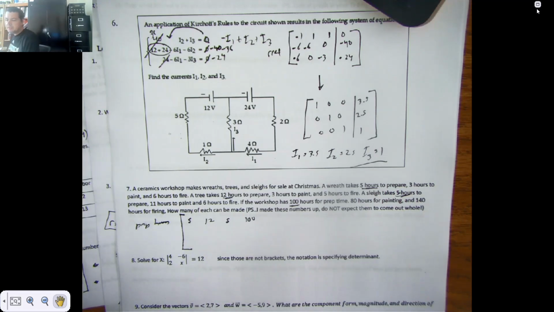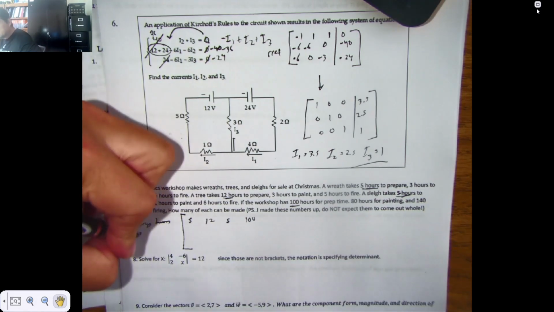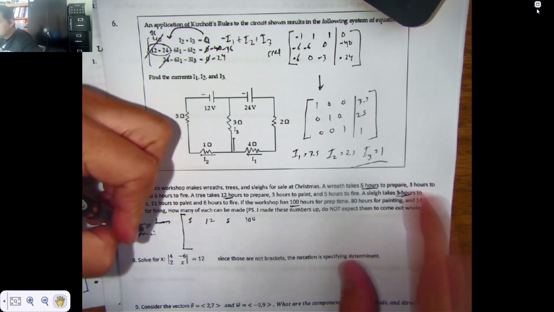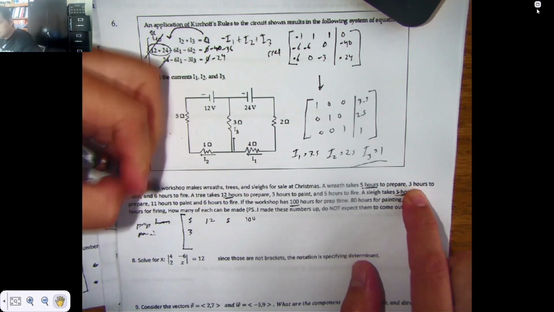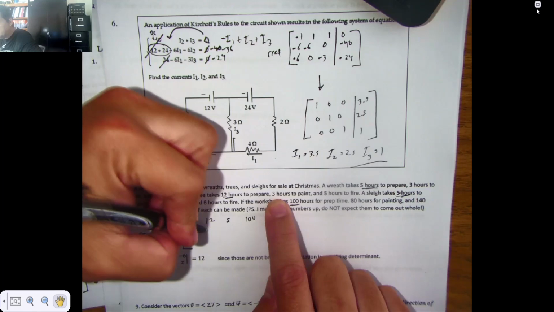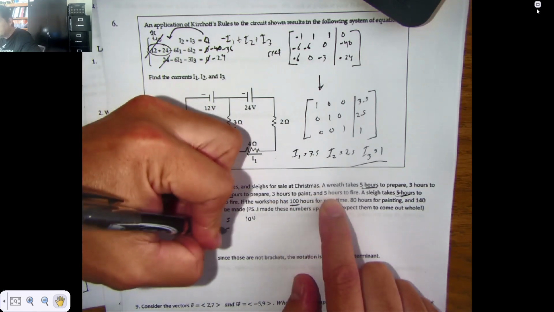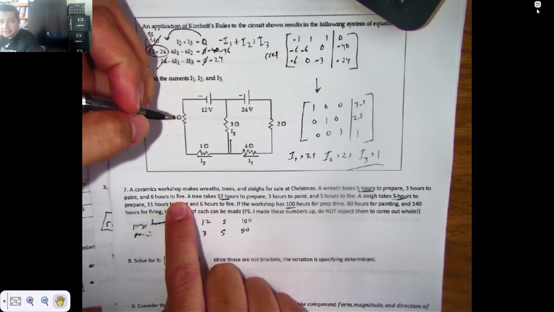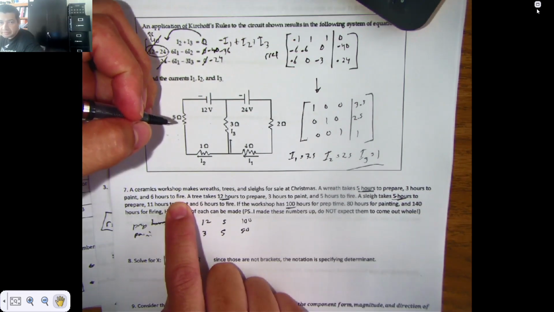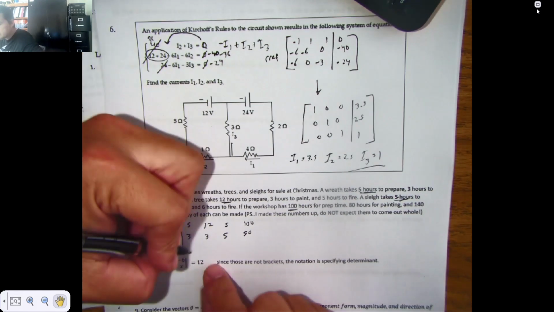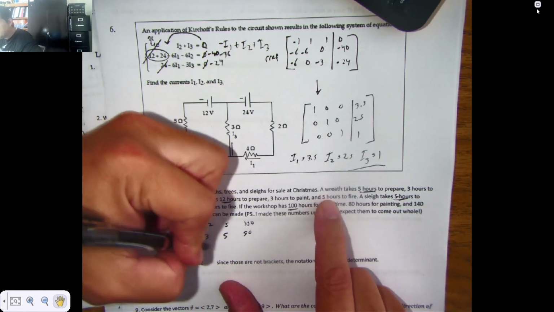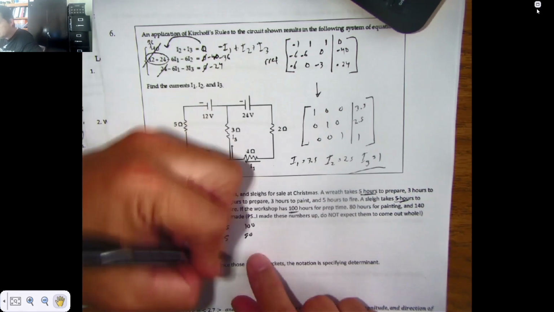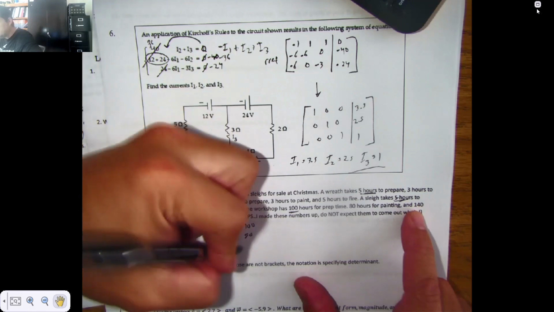The next thing we see here is paint. We have a 3, a 3, a 5, and an 80. And then the next thing I see is firing, where they bake these things. All right, so there's a 6, a 5, a 6, and 140.